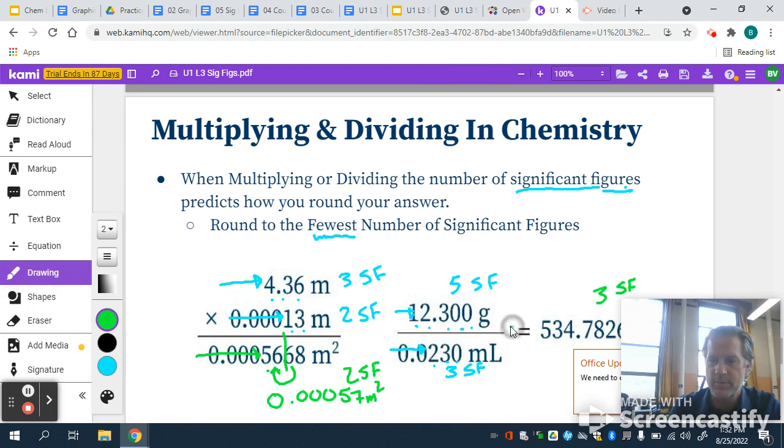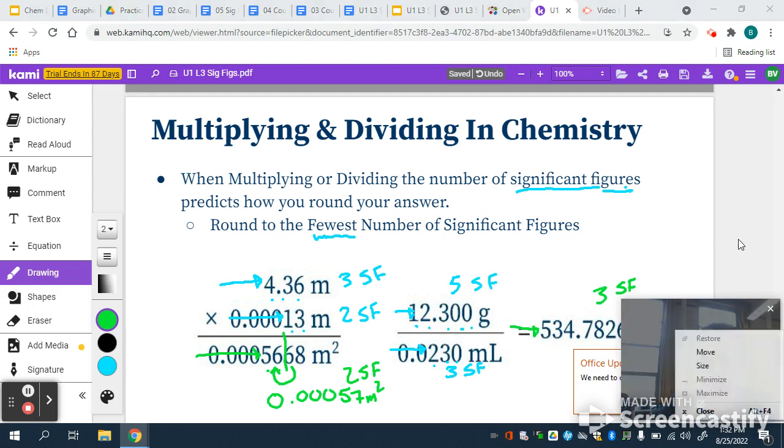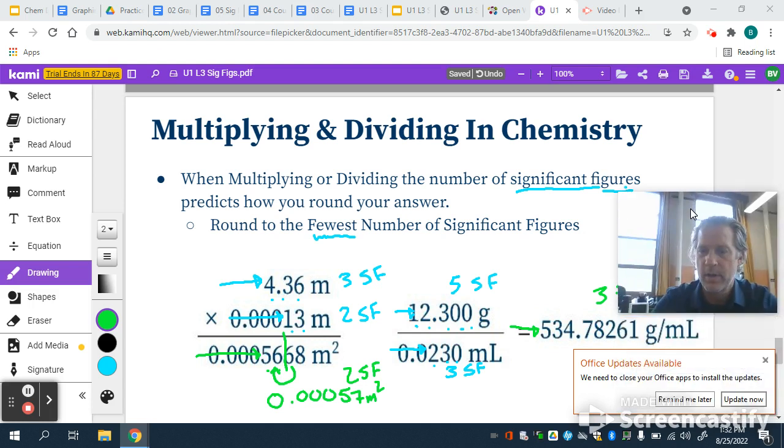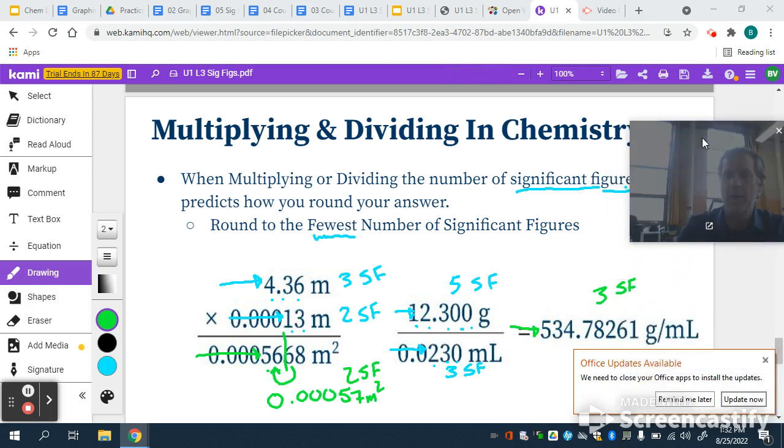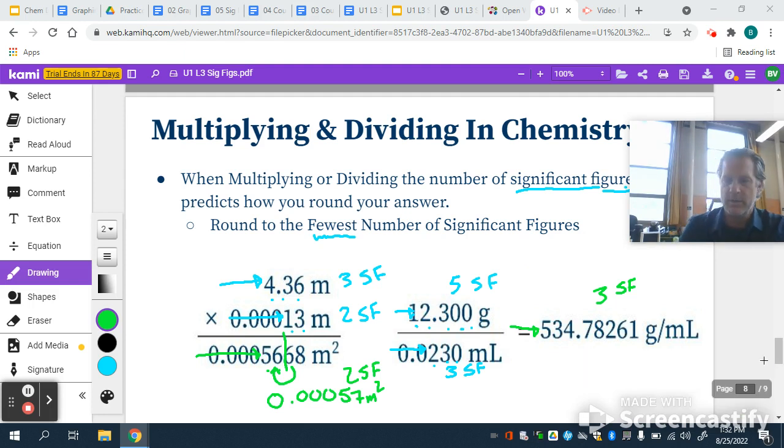So because there's a decimal in my answer, I'm going to come over here. Oh, and I should probably grab this guy and just pull this up real quick so you can see. It's a pretty long number, and nobody really wants to deal with that pretty long number. So at this point, I'm going to come back through here. I'm going to take that 534.